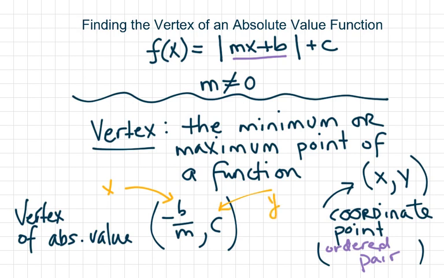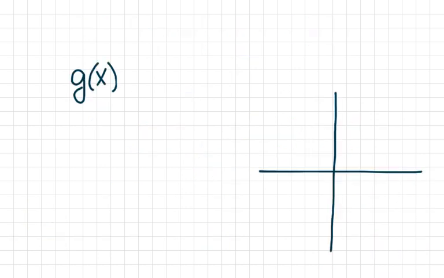So let's do an example so that you can really get familiar with it. Let's say we have a function g of x, and that function is an absolute value function. It is negative absolute value of x plus 1, plus 2. First we're going to find the vertex by defining, again, the general formula.